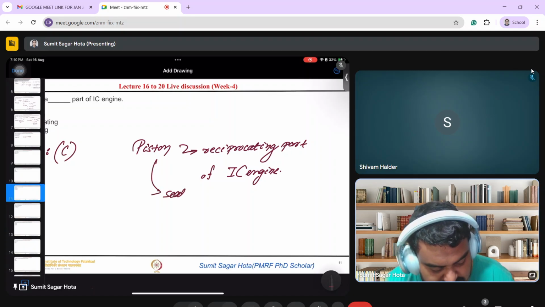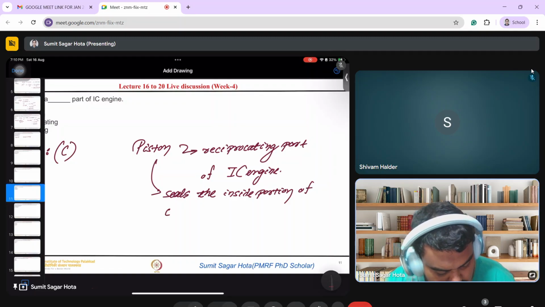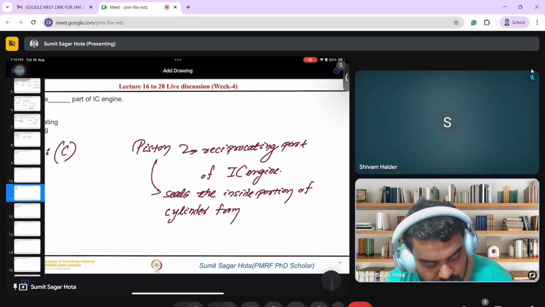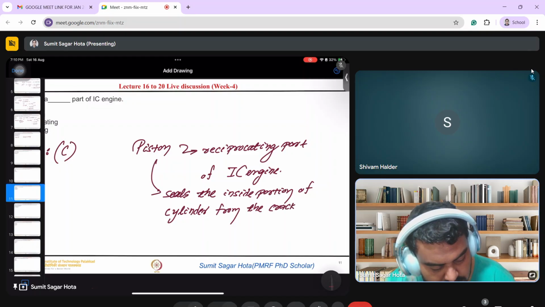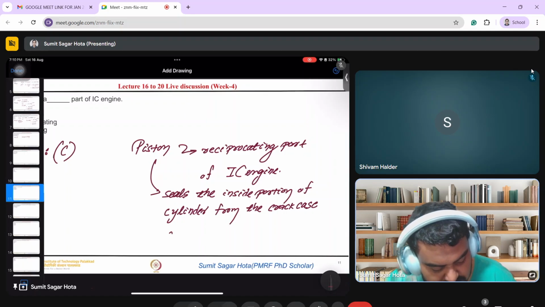It seals the inside portion of the cylinder from the crankcase using the piston ring.